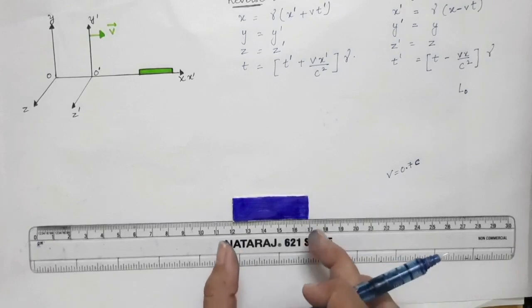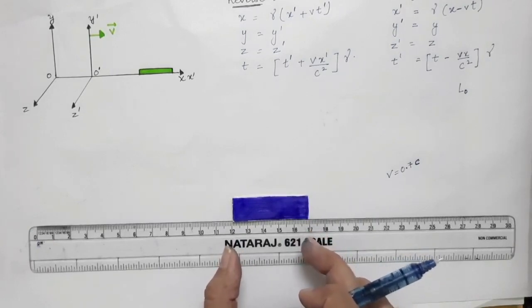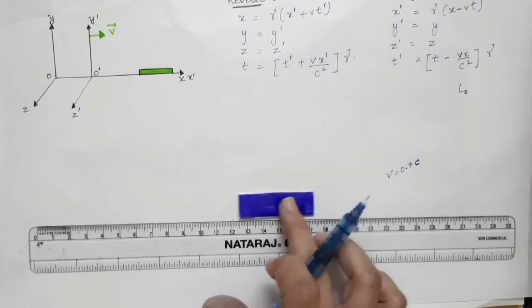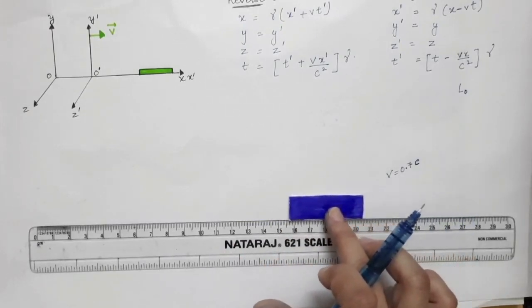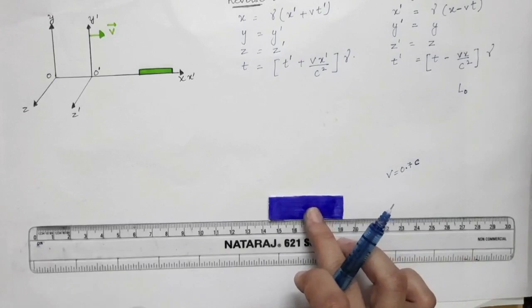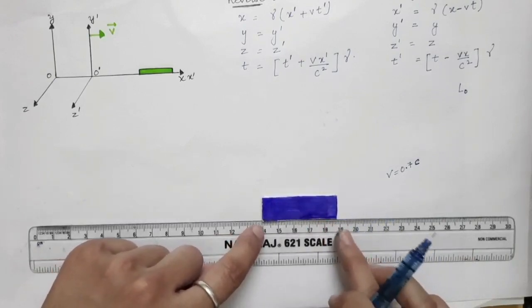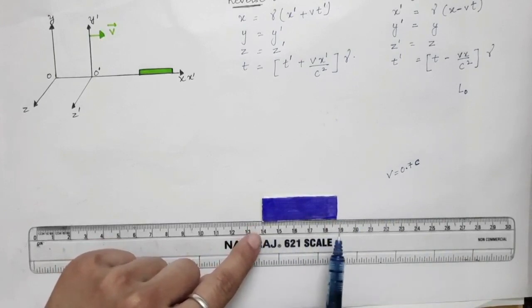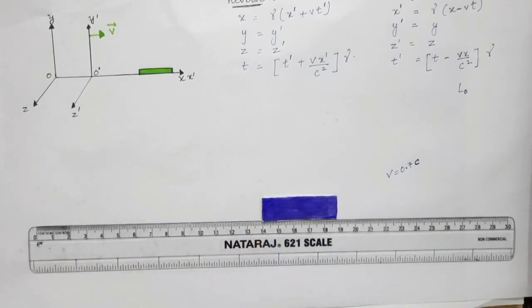Only then will the subtraction of these two variables give me the length of the object. First you find this coordinate, then the second coordinate, and then you subtract them, and that gives me the length of the object.